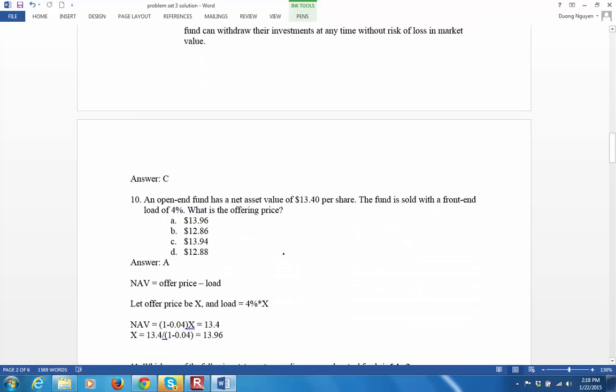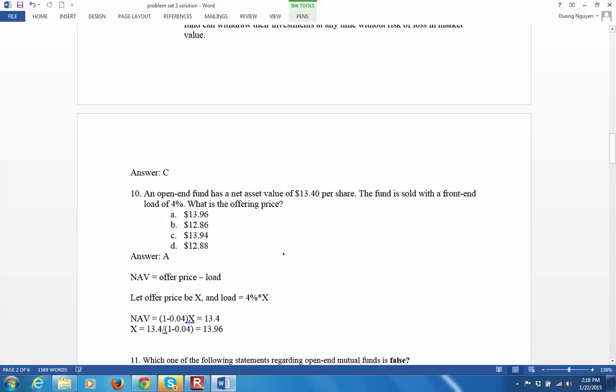Now number 10, it is asking you the offering price. Remember, if you buy or sell stock, you pay commission fees.